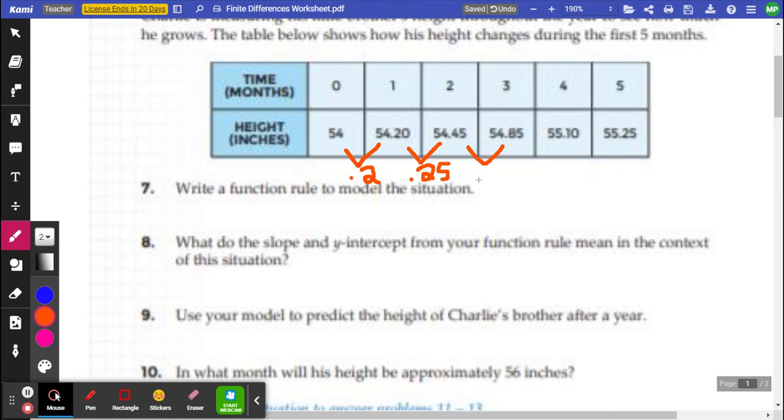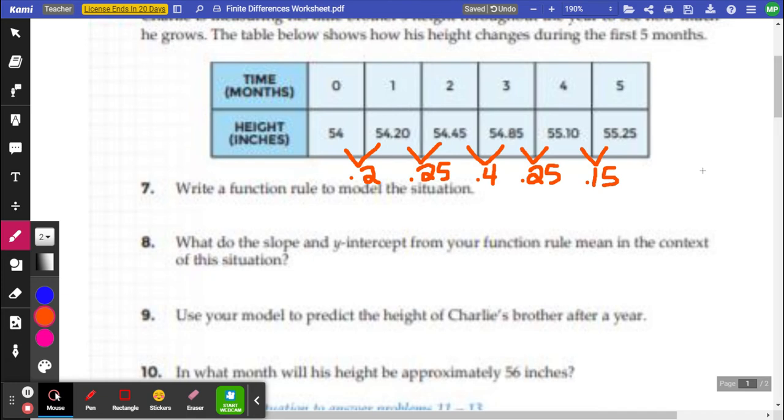So 0.85 minus 0.45 is 0.4. 55.1 minus 54.85 is 0.25. 55.25 minus 55.1, 0.15. Yes.